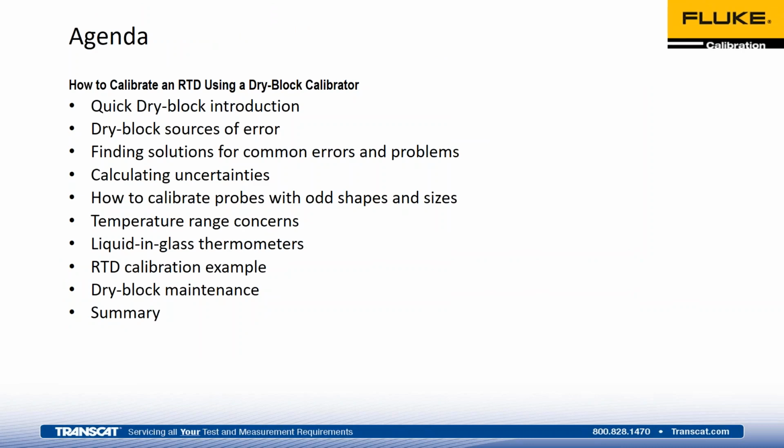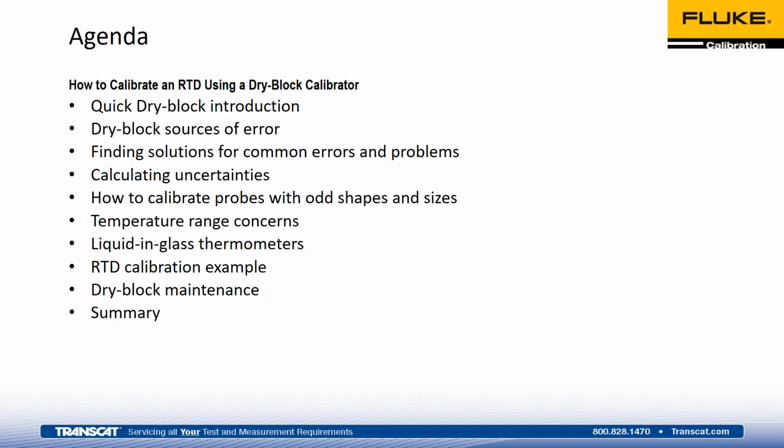Today, the agenda: we're going to talk about using a dry well calibrator to do a calibration with a probe sensor. So I'm going to do a quick review, basically a dry block introduction, some sources of error, and some solutions to consider for common errors and problems you might see in the process.